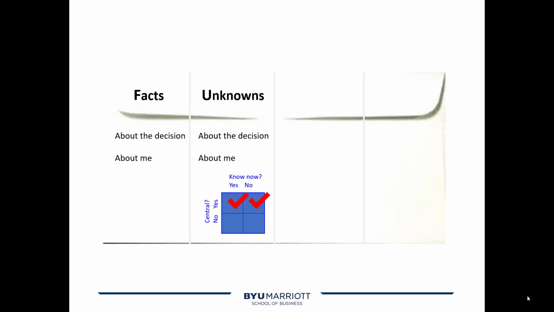So this is where you spend your time and energy researching. This is where you try to figure it out, because your goal is to move as many of those unknowns as you can over into the fact column, so that these are objectively verifiable things that you can know and you can be certain about.